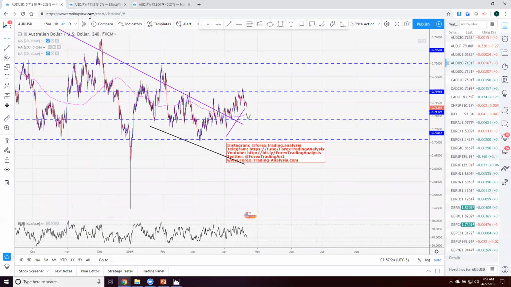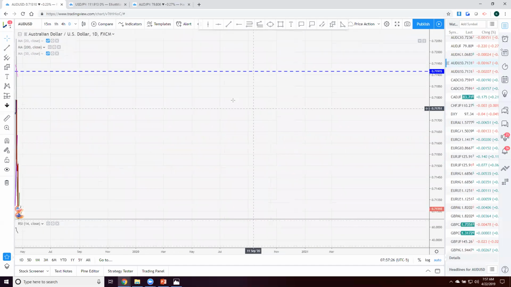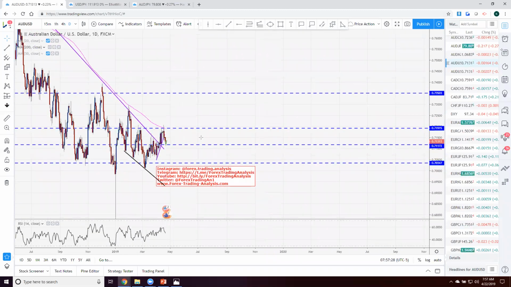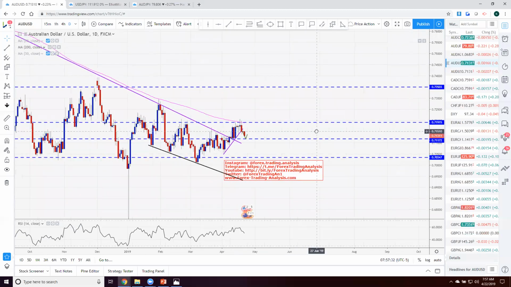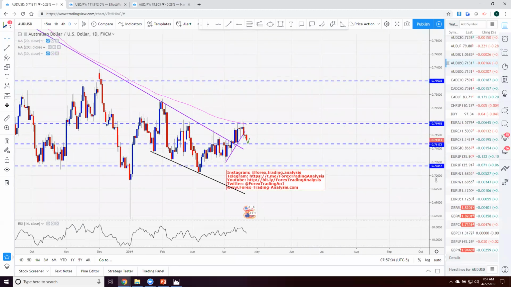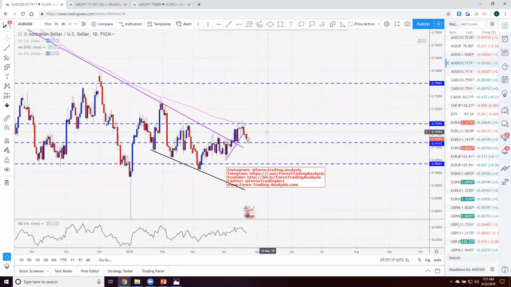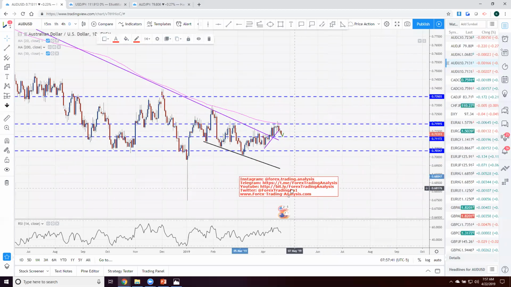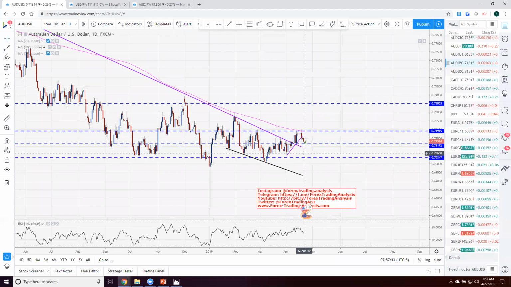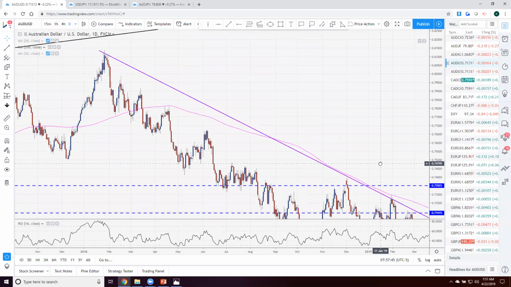Aussie dollar. So we've got kind of a messy chart.